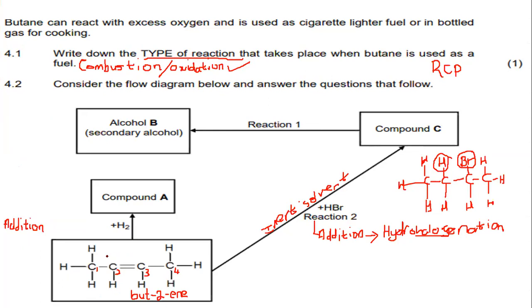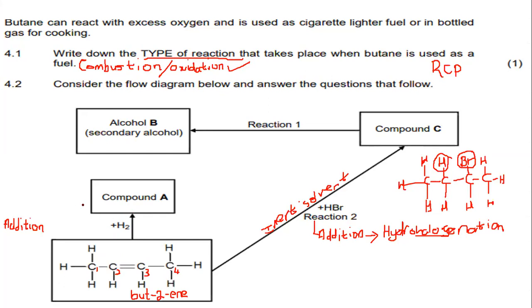Furthermore, my learners, when it undergoes addition, the double bond has been broken, and therefore these two carbons, which is carbon 2 and 3, will then be short of one bond each. And that is why one hydrogen will go to carbon 2, and another hydrogen will go to carbon number 3.